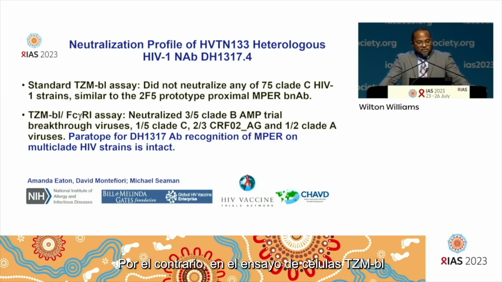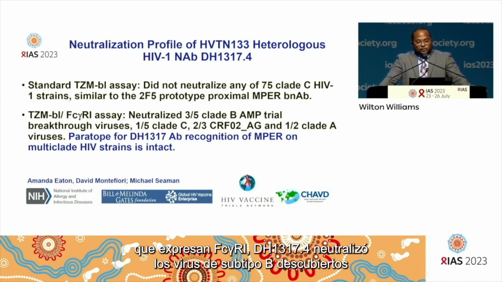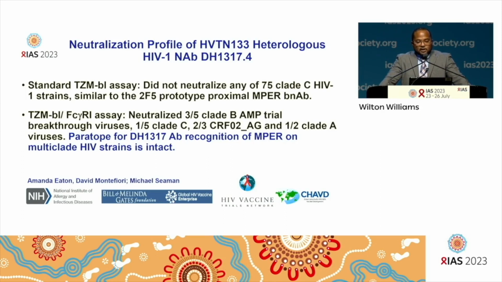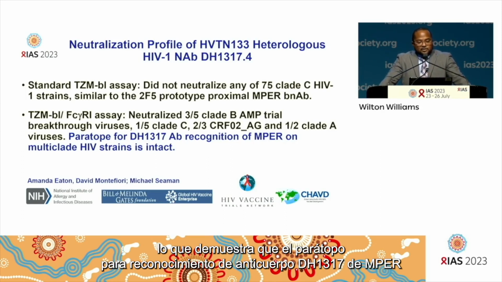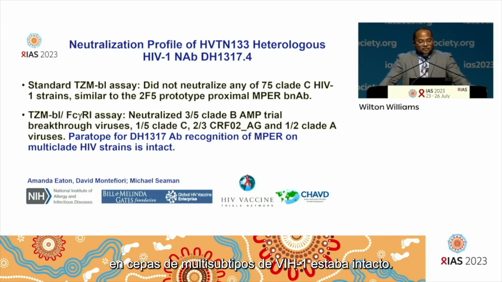In contrast, in the TZM-bl FcγR1 assay, DH1317.4 neutralized clade B AMP trial breakthrough viruses that are difficult to neutralize, as well as clade C and other non-clade B HIV-1 strains, demonstrating that the paratope for DH1317 antibody recognition of EMPER on multiclade HIV-1 strains was intact.